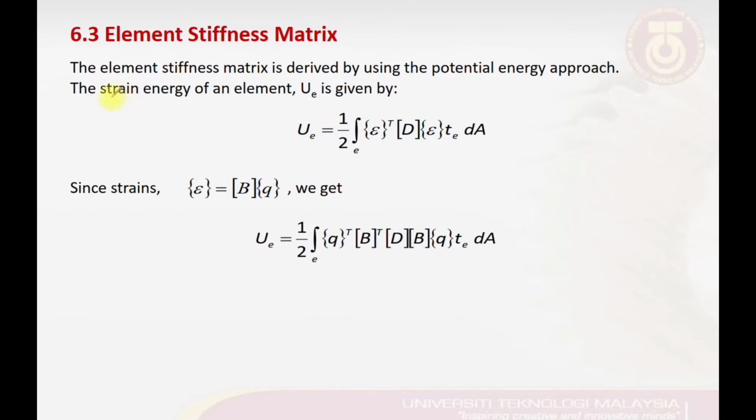The element stiffness matrix can be obtained from the energy equations in this potential energy equation, where the strain energy equation is given by the first equation in the slide, where the strain is equal to the strain displacement matrix multiplied by the displacement at the known nodal points.